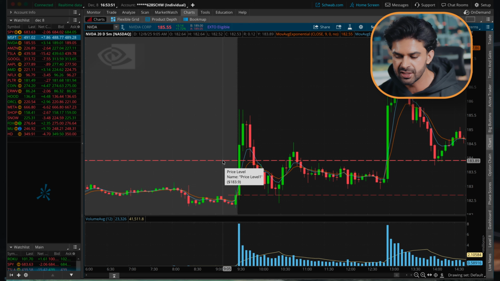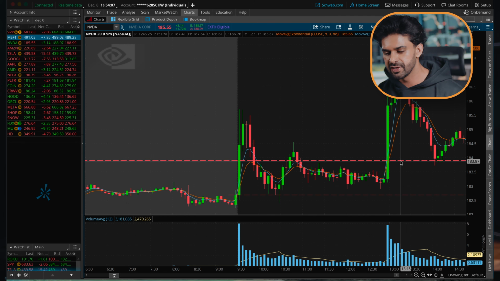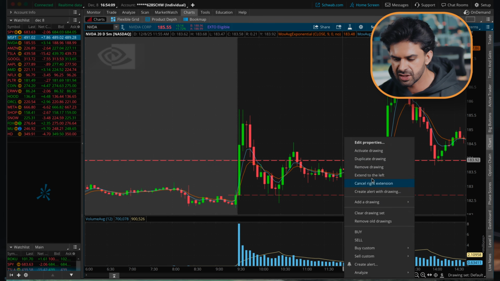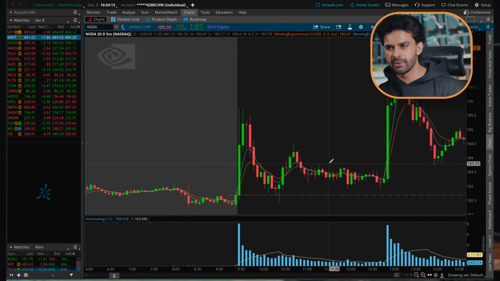Before I remove it, I just want to show you the importance of this opening print level, because as you can see, there's a lot of activity happening around it. Also, later on in the day, after NVDA spiked, it came back and retested this opening print level from the previous day.